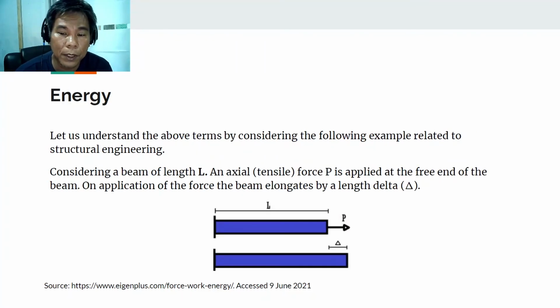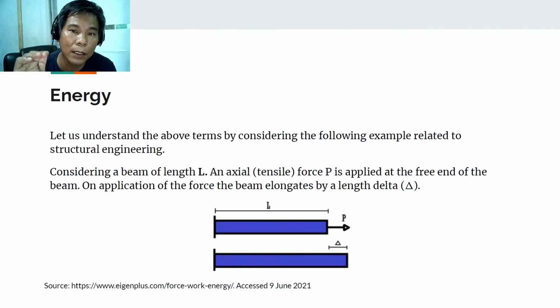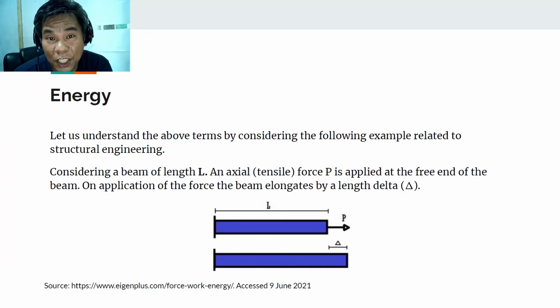So here you need to understand that there are two types of energy. If it is static, that is what we call potential energy, and if it is moving, that is kinetic energy. From the static energy, if the object moves, the potential energy will be converted to kinetic energy. That's in terms of the velocity of the object.